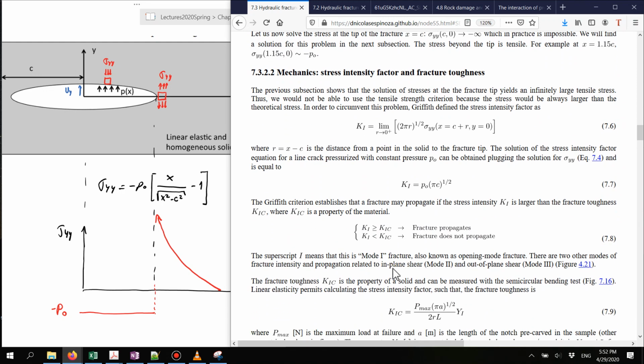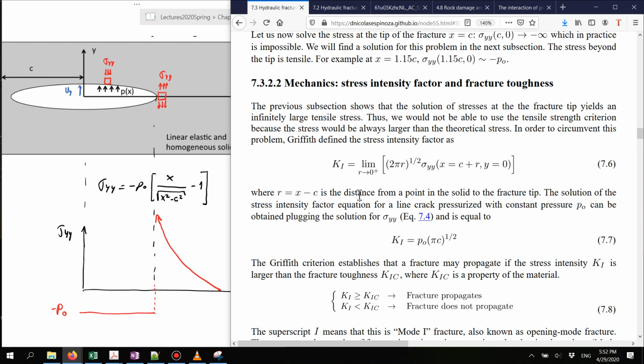That's why we create this new parameter, the stress intensity factor, which is defined as the limit of the product of the distance from the tip, quantified here by the variable r, times stress.